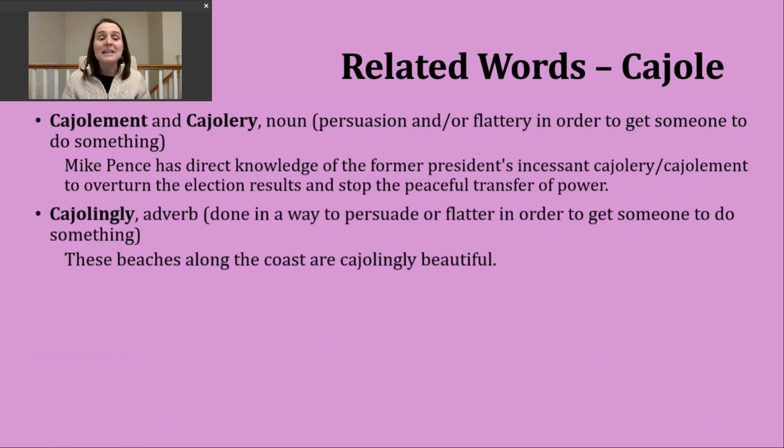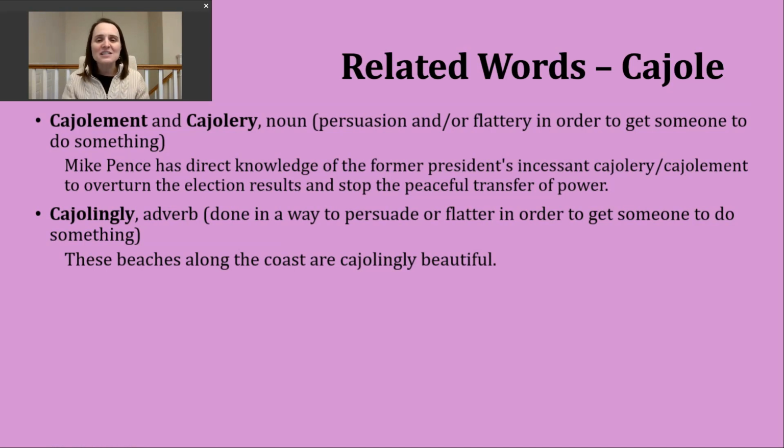Lastly, let's talk about the adverb cajolingly. So we use this adverb to describe something that's being done in a way to persuade or to flatter someone in order to convince them to do something. An example of this might be, these beaches along the coast are cajolingly beautiful.